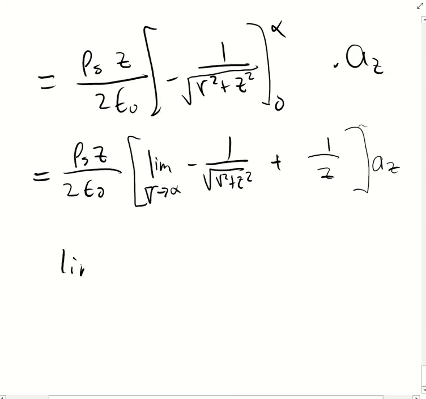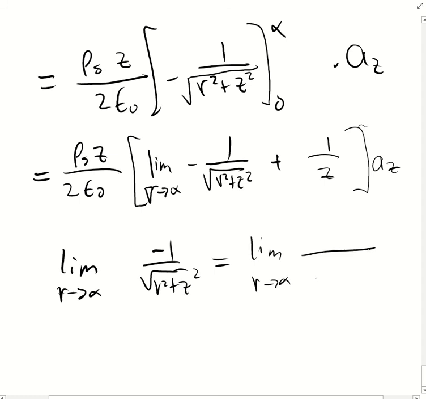Let's put it here: the limit as r approaches infinity of negative 1 over the square root of r squared plus z squared. What we will do is take out the r squared at the bottom. So this becomes the square root of r squared, factor out 1 plus z squared over r squared.